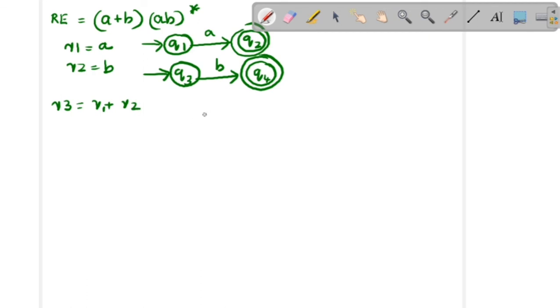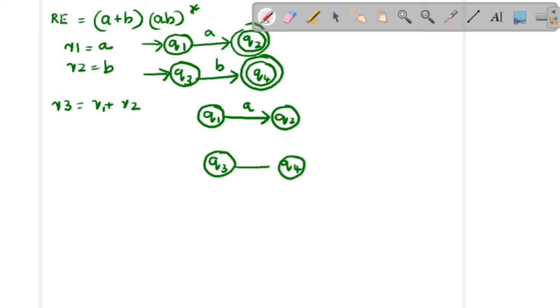Okay, that is R1: Q1, Q2, here it is A transition, and Q3, Q4, B transition.